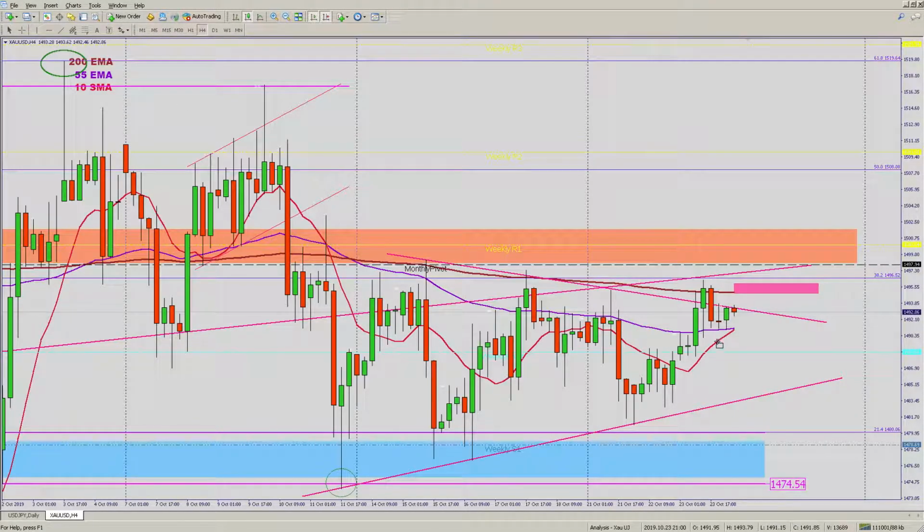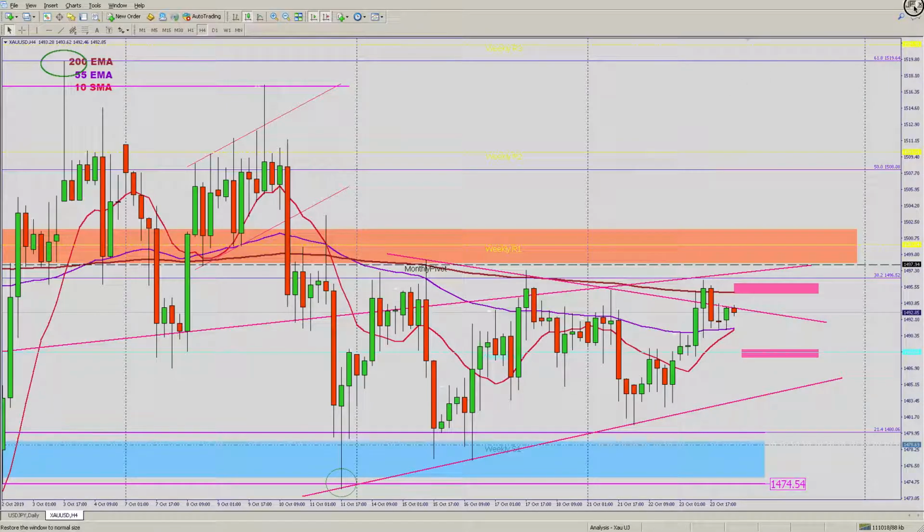So the immediate support now is still at the weekly pivot, and for today we'll see if this range holds, and if it does fall lower, then there's still support from the lower trend line.